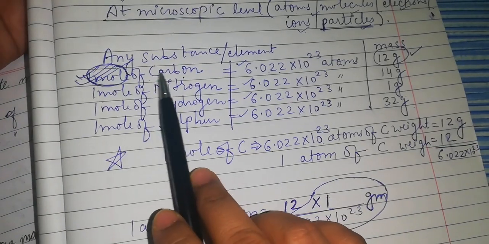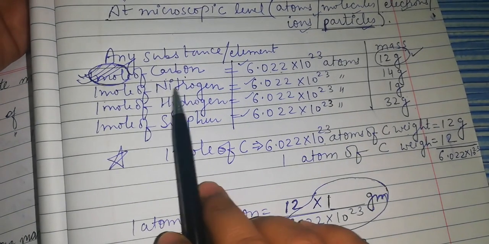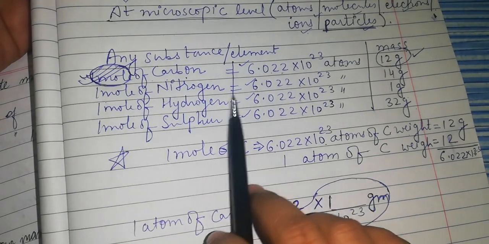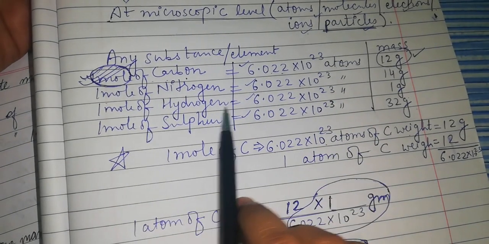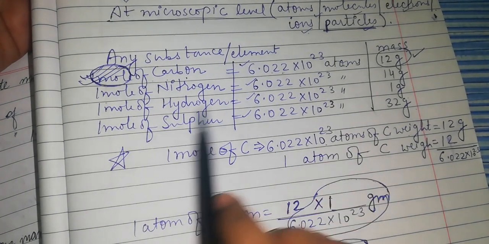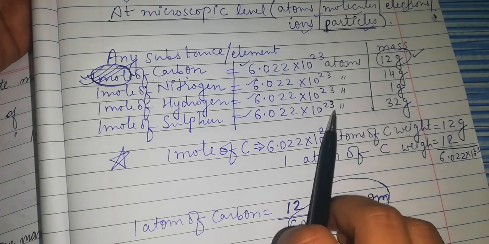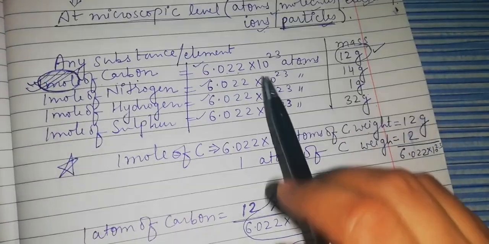Okay, so if I see 1 mole of carbon, it will contain this number. 1 mole of nitrogen will also contain these atoms. 1 mole of hydrogen will also contain 6.022 into 10²³ atoms. 1 mole of sulfur again contains 6.022 into 10²³ atoms, but the number is same.